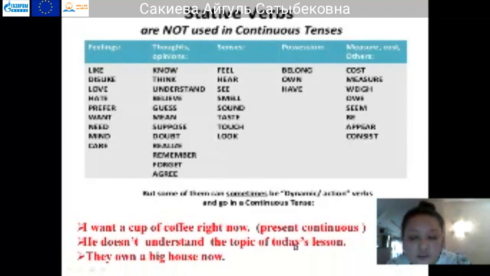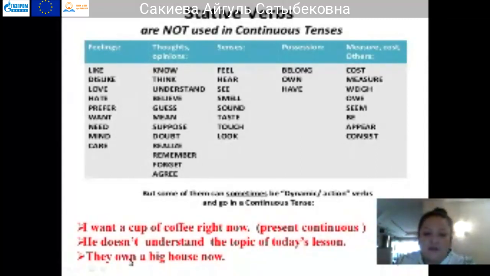Simple. Because of what? Why do we use present simple instead of present continuous? Can you write it? Why do we use present simple instead of present continuous? Because of, Renata, excellent. Because of understand. Because understand, it is a state verb. Yes, Almanbet, you're also right.